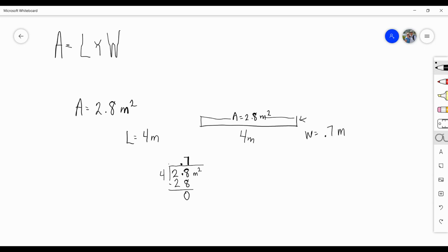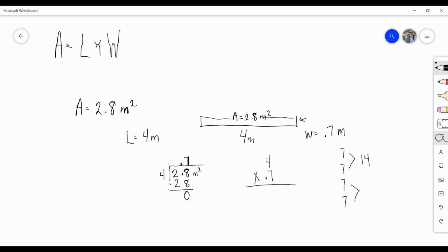7/10 of a meter. To double check that we did our work correctly, we multiply the length, which is 4, times the width, which is 7/10. If you're not certain that 7 times 4 is 28, you can do repeated addition. 7 plus 7 is 14.